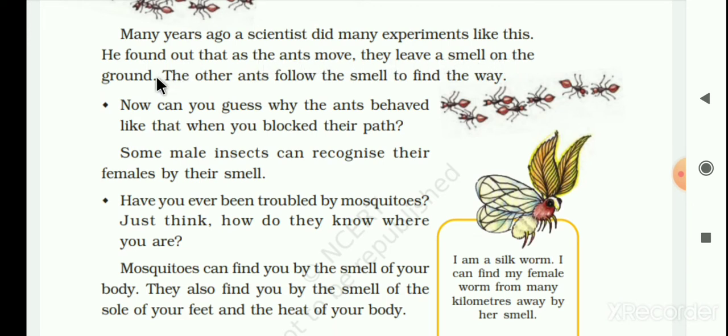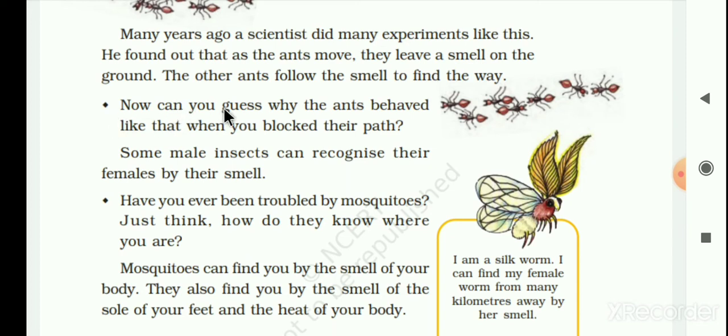We are not able to smell that, but the ants are able to smell it, right? The other ants follow the smell to find the way. What did the other ants do? They smell and follow that smell, and that's why these ants walk in a line.